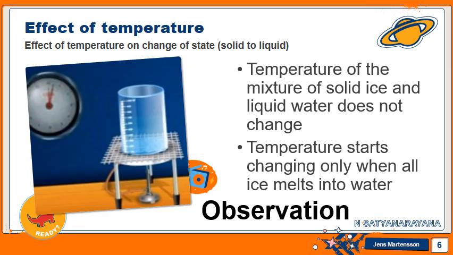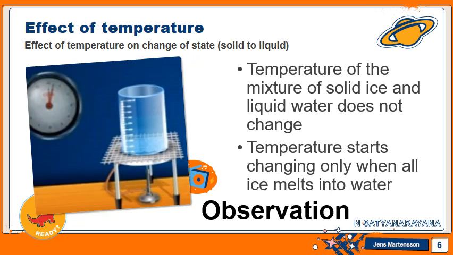The temperature of the mixed solid ice and liquid water does not change while the ice slowly melts into water. The temperature does not change, remember. If the ice temperature is -10, slowly it comes to 0, and from 0 degrees ice it becomes 0 degrees water.